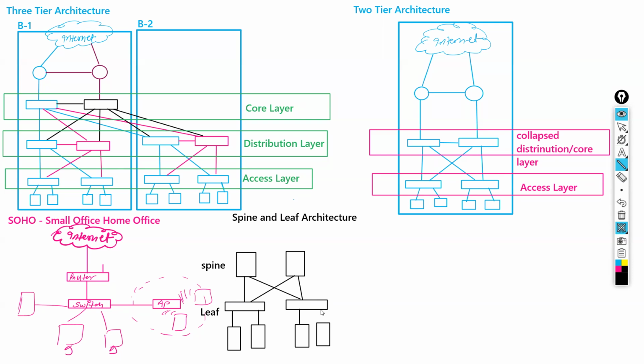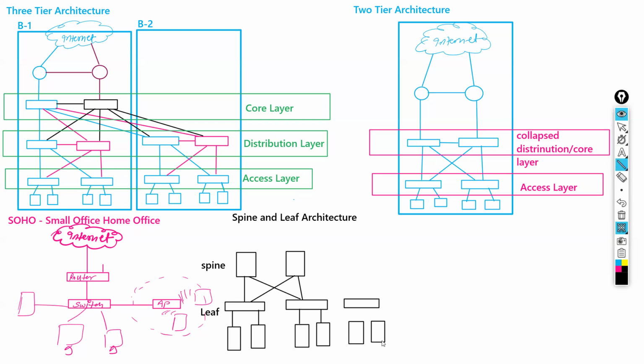Now this architecture is available for higher scalability. How does the scalability work? Let's say now I need more data servers. So all I need to do is go and connect one more leaf layer switch here, and with that, I can connect more data servers.